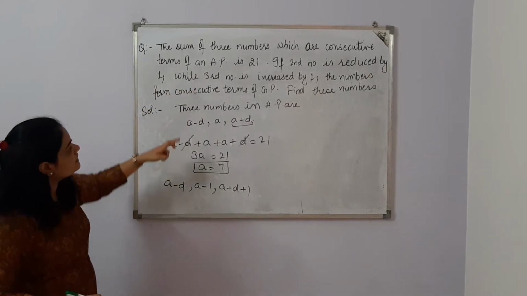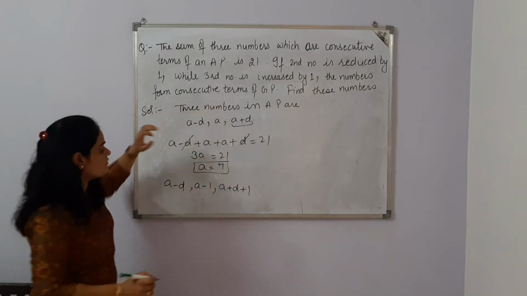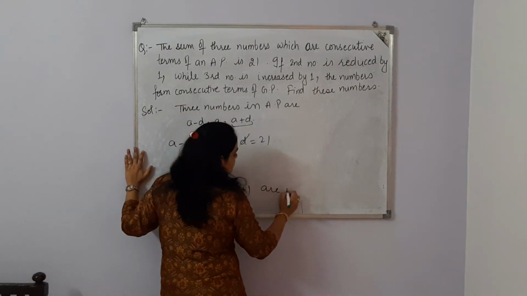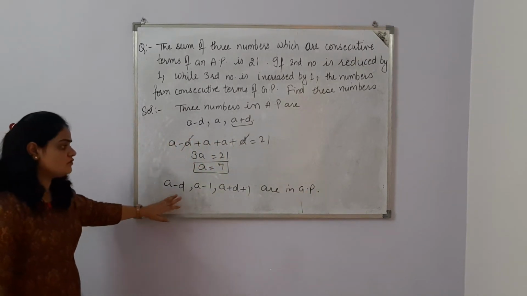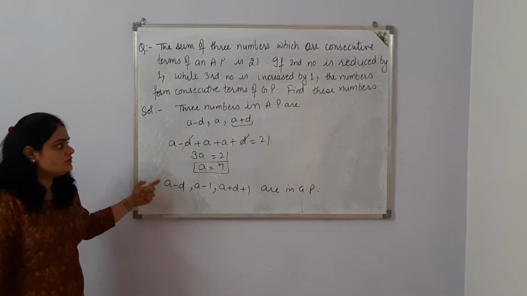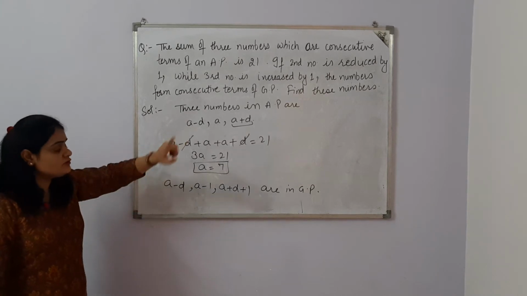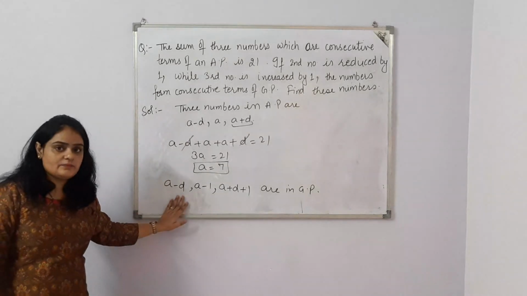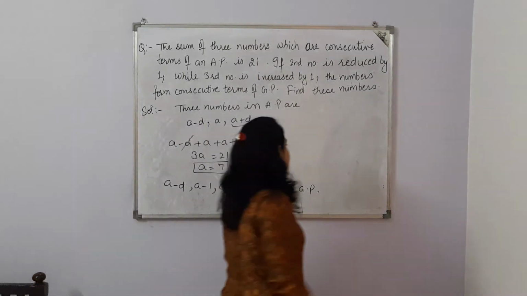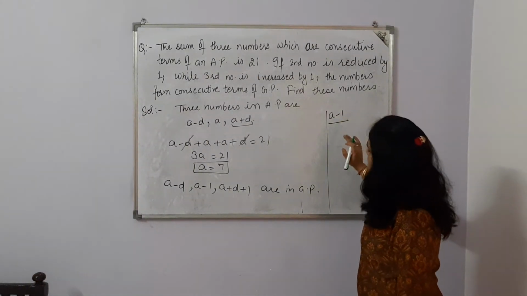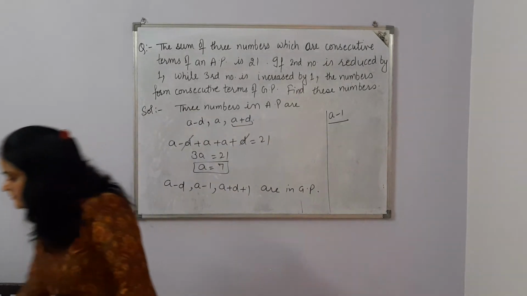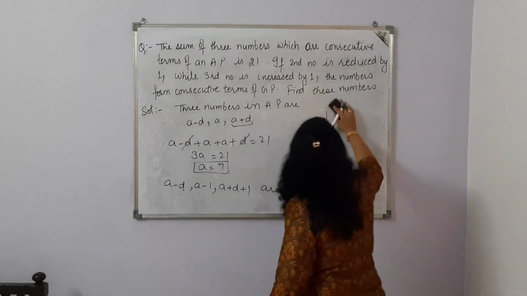So these three numbers form consecutive terms of AP and are now in GP. If they are in GP, that means the ratios are common. First of all, we'll substitute the value of A because we have already found it.